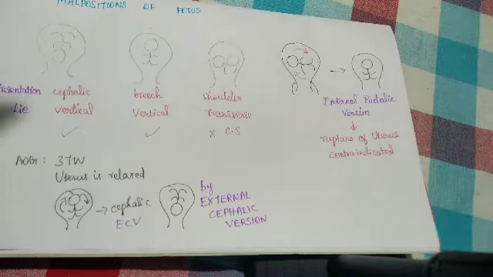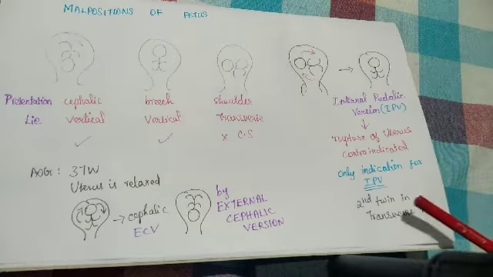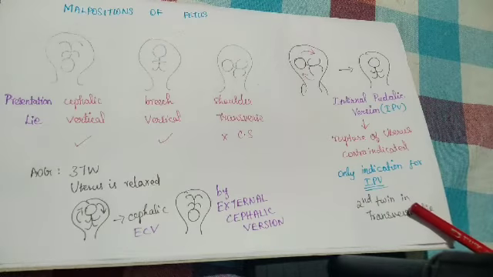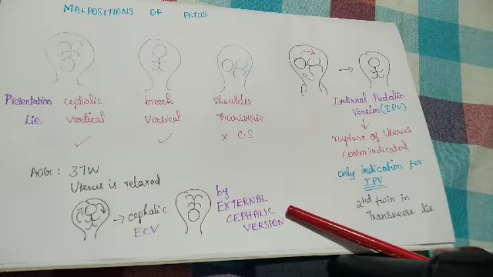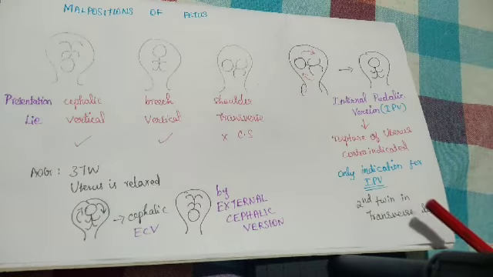In that time, when the uterus is relaxed, you put your hands inside and try to turn the baby and make it a vertical lie in the breech presentation. So the only indication for internal podalic version is second twin in transverse lie, because the uterus is relaxed between two labors. Remember, we can do external cephalic version when the uterus is relaxed around 37 weeks, and we can do internal podalic version when the uterus is relaxed between two labors.